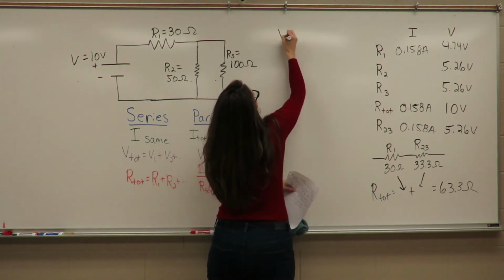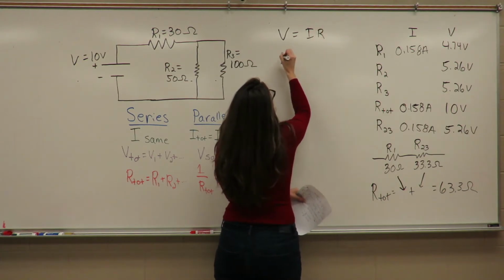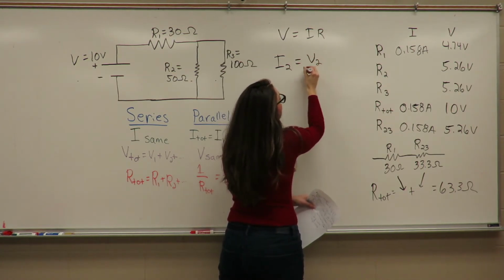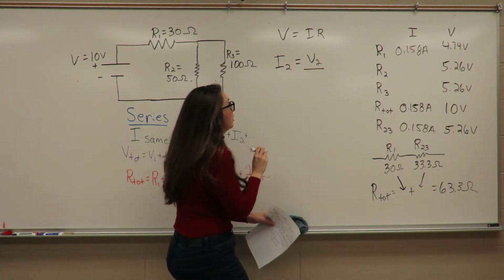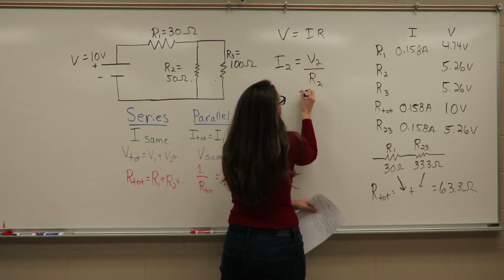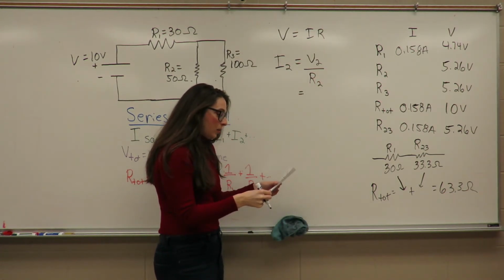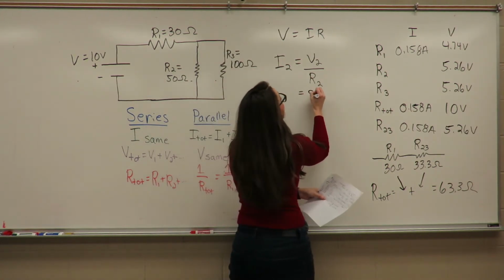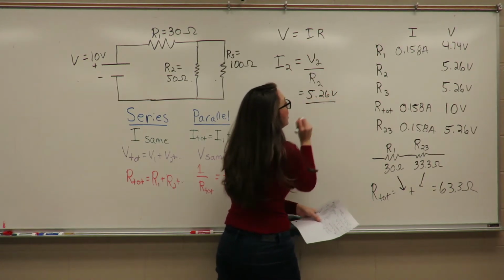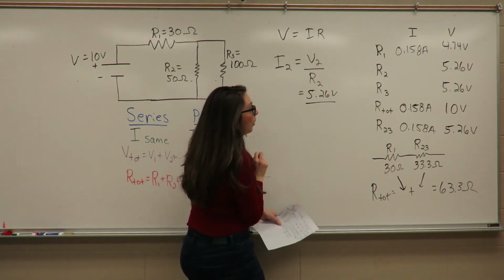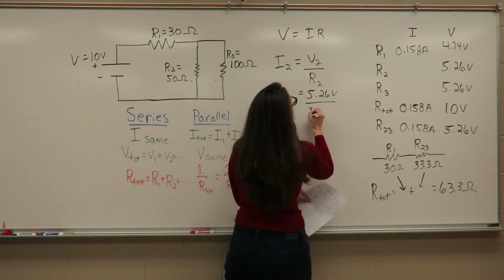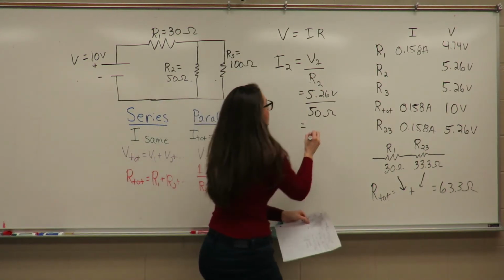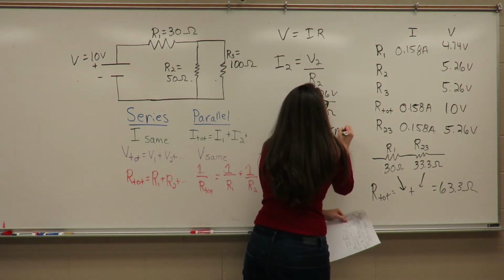So again, starting from Ohm's law, V is equal to IR, the current running through resistor 2 is equal to the voltage across resistor 2 divided by the resistance. And so that's going to equal 5.26 volts divided by R2, which is 50 ohms. So the current through our second resistor is equal to 0.105 amperes.